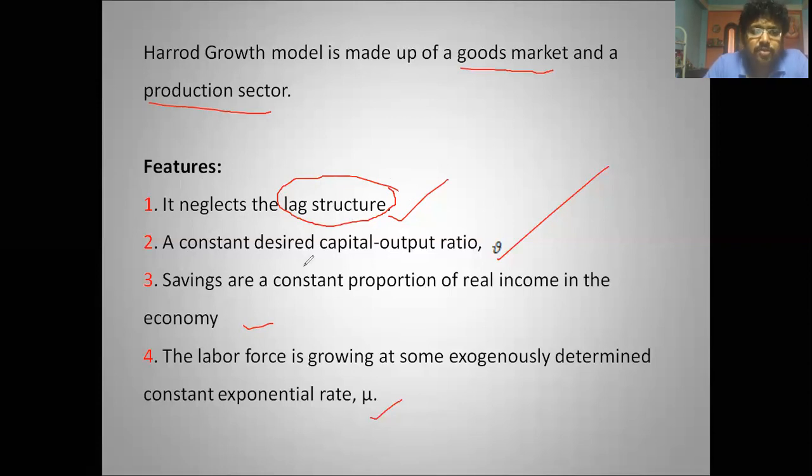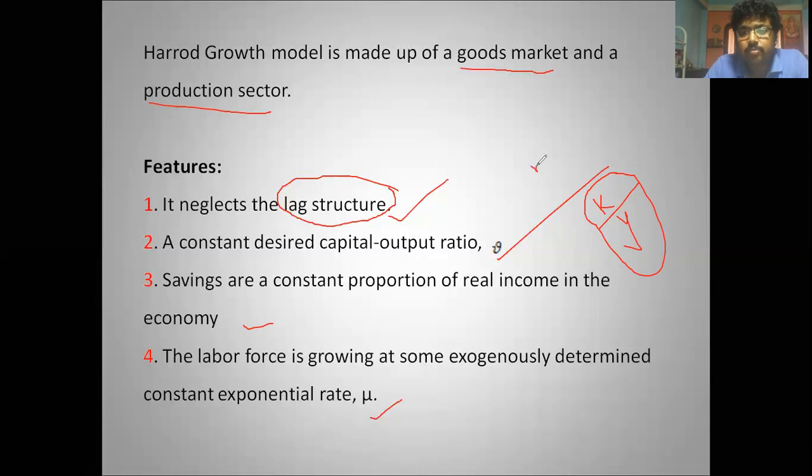Now, the second feature is a constant desired capital output ratio. What is the capital output ratio? Capital output ratio means, suppose K is the capital and Y is the output. This is the capital output ratio. Understand? Now, it is constant. And when it is constant, actually Harrod assumes that the real rate of interest is constant.